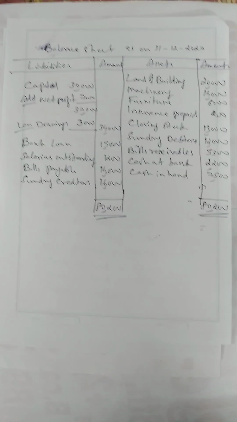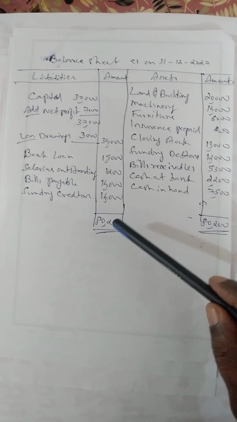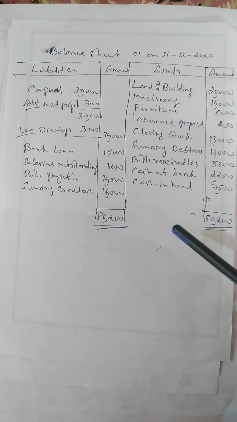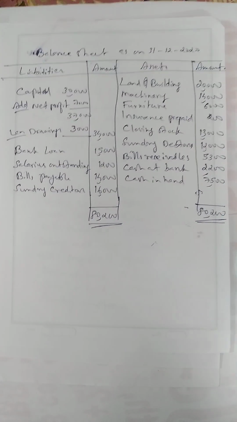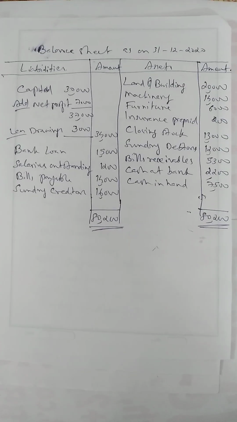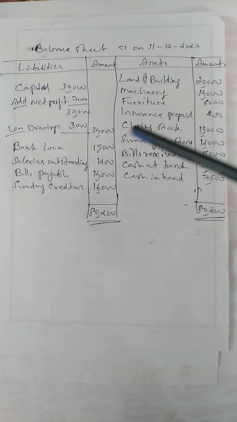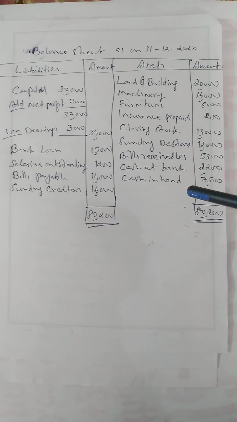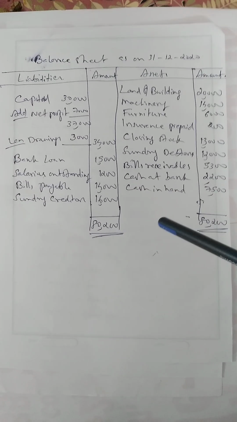The balance sheet always gets tallied, and that means the assets and liabilities totals should be the same. If it is not the same, then it means there is some error in the solution. So after drawing this balance sheet, check the totals, and they must be the same. That means the balance sheet must tally.